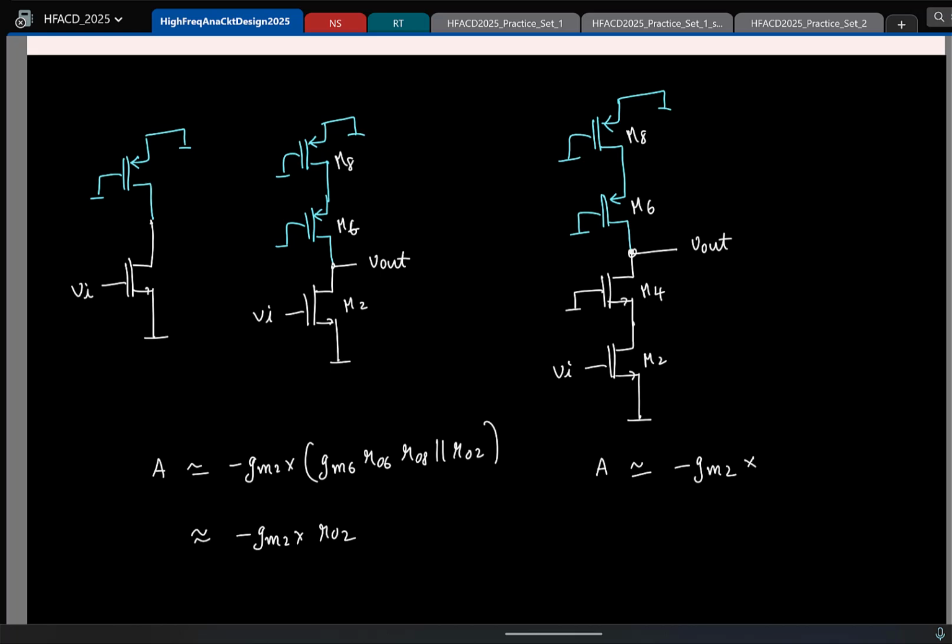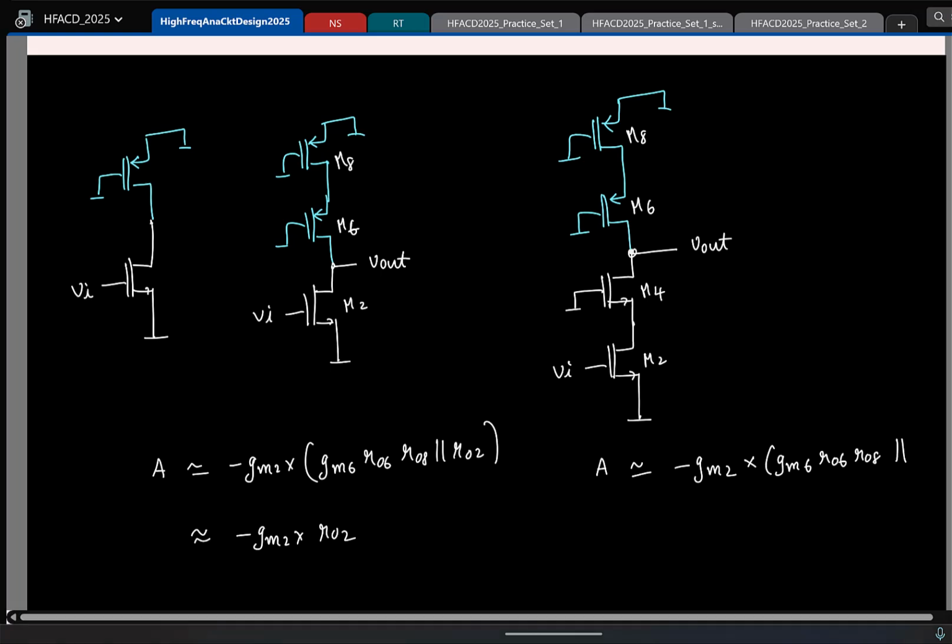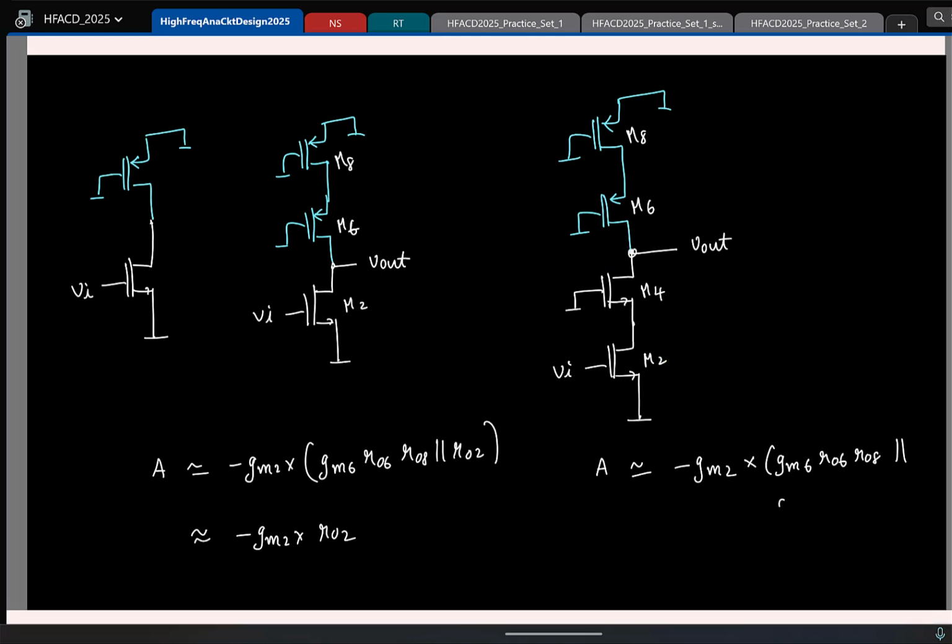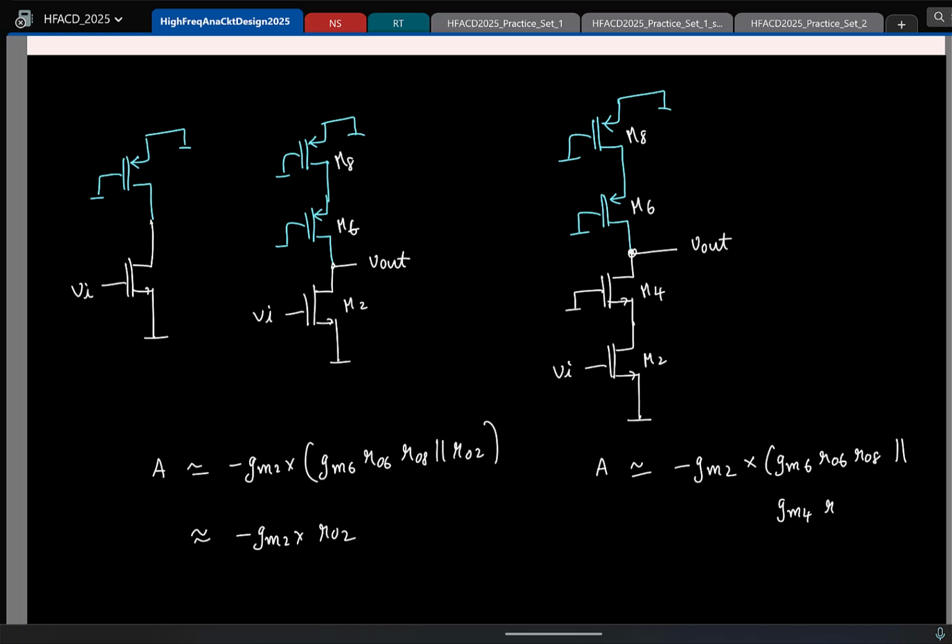So now what is the output resistance? Looking up, what is it? It is the cascode here, gm6 times ro6 times ro8. That is put in parallel with the impedance looking down. What is that? gm4 ro4 times ro2.